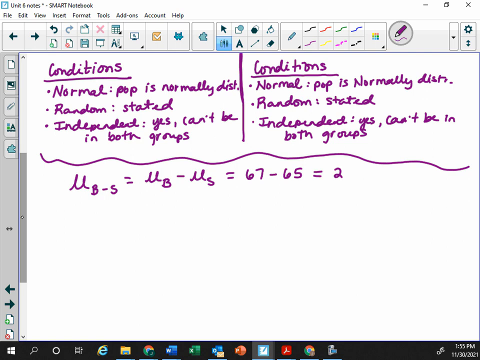All right, we also need sigma of that difference. Remember, I don't just subtract the 2 sigmas. My formula is going to be sigma squared of the basketball players over the sample size of the basketball players plus sigma squared of the swimmers over the sample size of the swimmers.